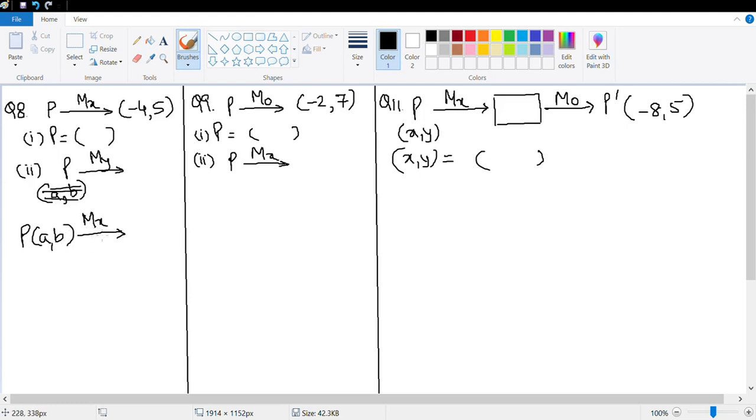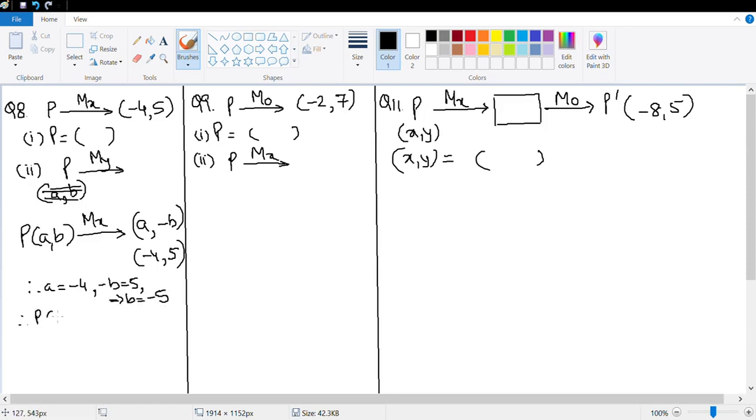When I do reflection on the x-axis, what do I get? The y coordinate changes, which means this becomes (A, -B). Now in this question, (A, -B) is given as (-4, 5). Therefore, A is equal to -4, -B is equal to 5, which means B is equal to -5.